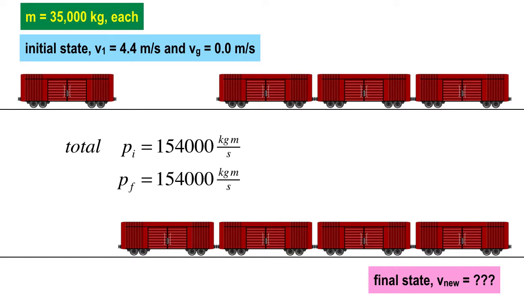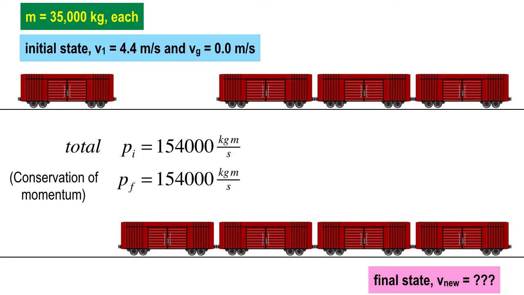So let's get back to that. As I mentioned, the momentum afterward has to be 154,000 kilogram meters per second. Before, the initial momentum state was the same size, but all the momentum was in one boxcar. Afterwards, because of the interaction, they've all clicked together. Each one of those boxcars is going to have some momentum.